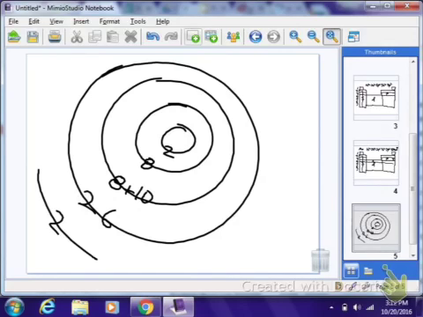Then we come up to do 2, then those 2 are filled, then we go back down here and do 10, then come back up here and do 8 or 6 more. So what's the most that the outer shell can have at any point in time? 8. Did they talk about the octet in the video? They talk about an octet and that the outer shell is always going to have 8.